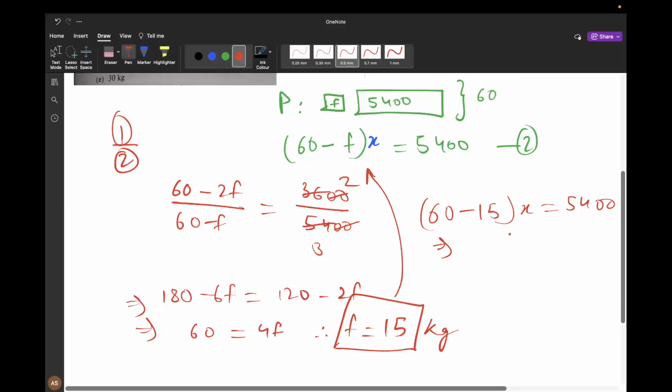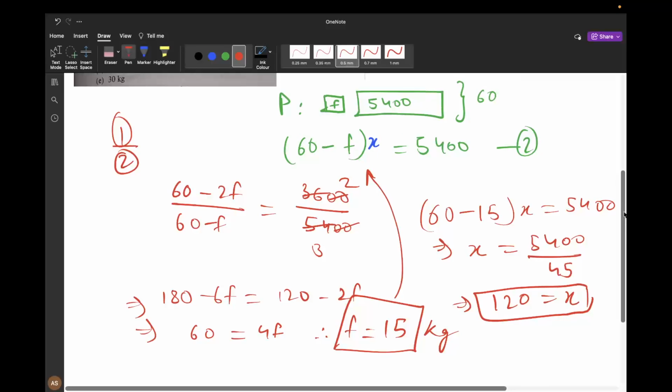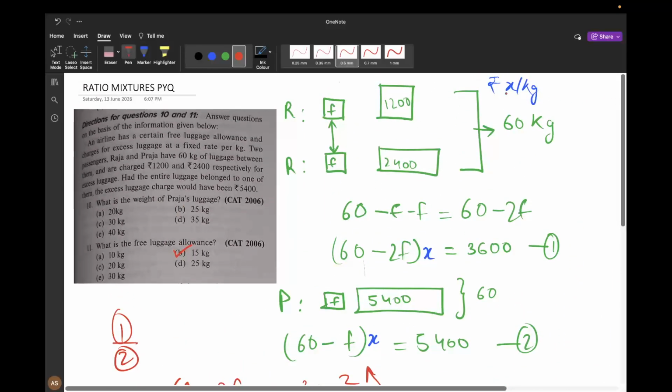So essentially 45x equals 5400. So 5400 by 45 would give us 120, right? Now x is 120 because x is the rate. So rupees 120 per kg.